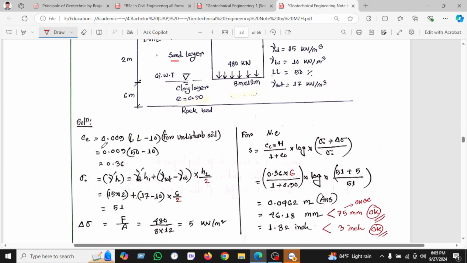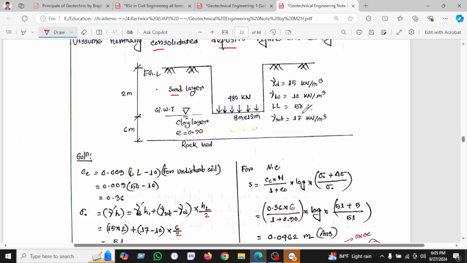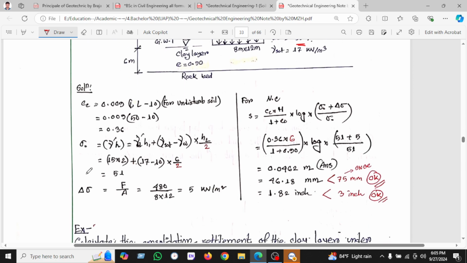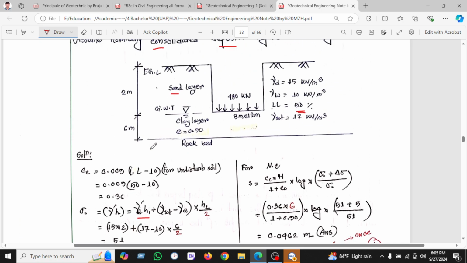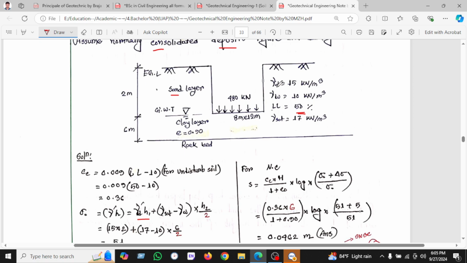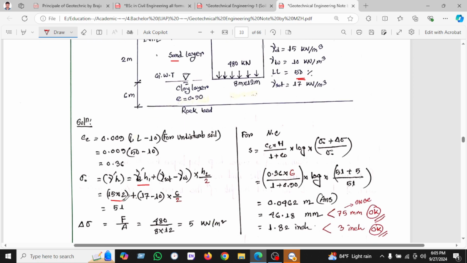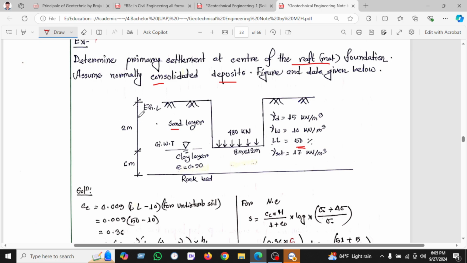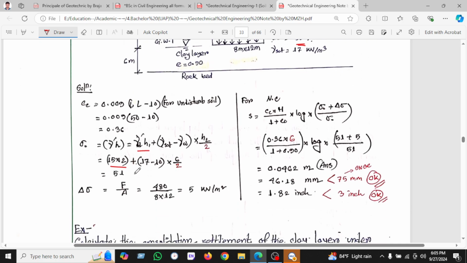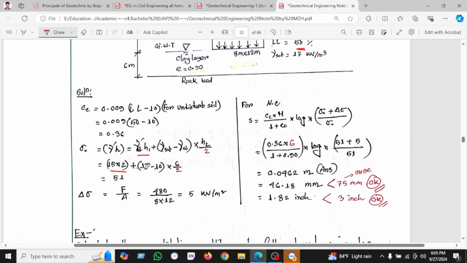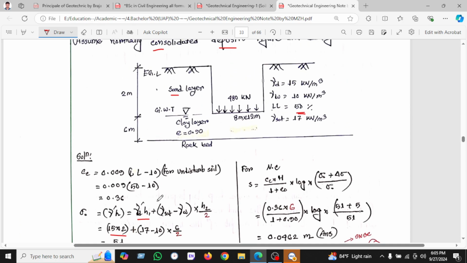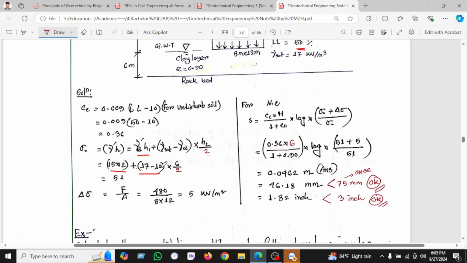So let's start. We know Cc is equal to 0.009 times liquid limit minus 10, because the liquid limit is given here as 50%, and minus 10, we have found Cc. And sigma naught we have found as gamma into h. So for the first layer, we have seen here the gamma is 15, so we have used 15 into 2. In this layer there is no water, first 2 meter, and for the second layer we have seen the layer is in the water, that's why we will deduct the water unit weight, 10.